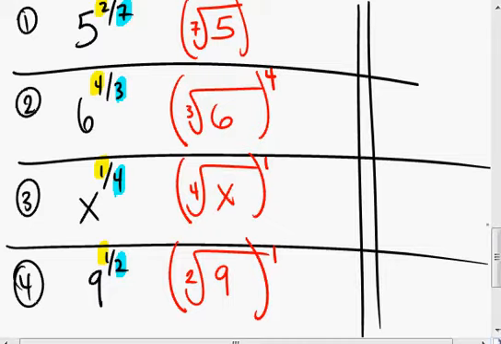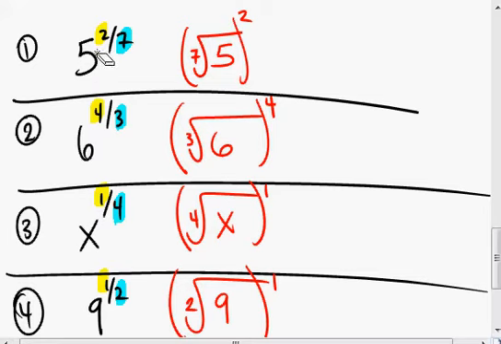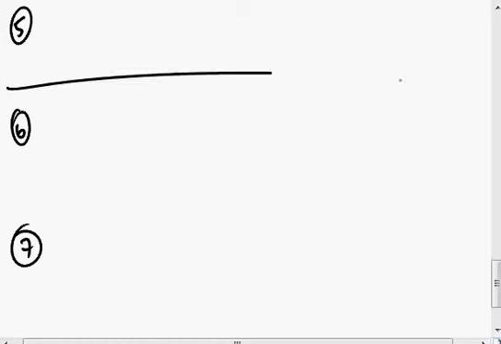Okay, hopefully you got these right. How many people had all those red answers? Yes. Okay. Any questions about converting from exponential form into radical form? Okay, let's try a couple going the opposite direction. I'm going to write these in radical form.